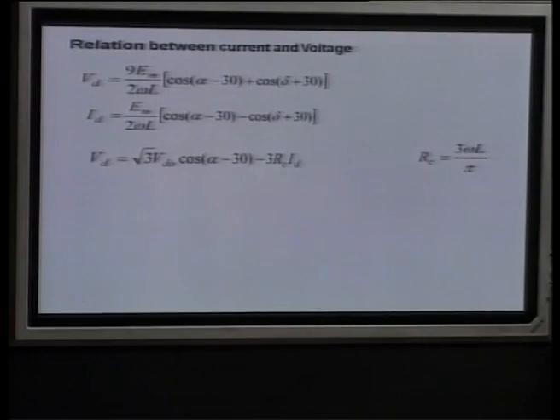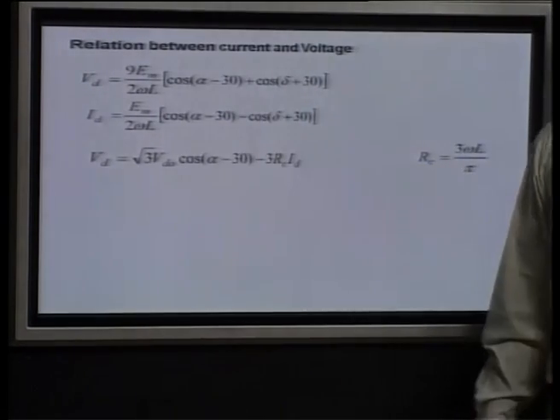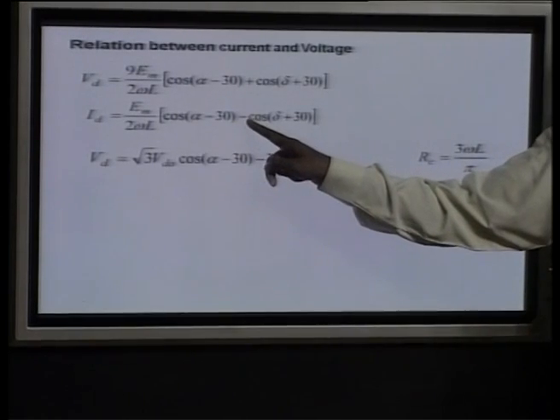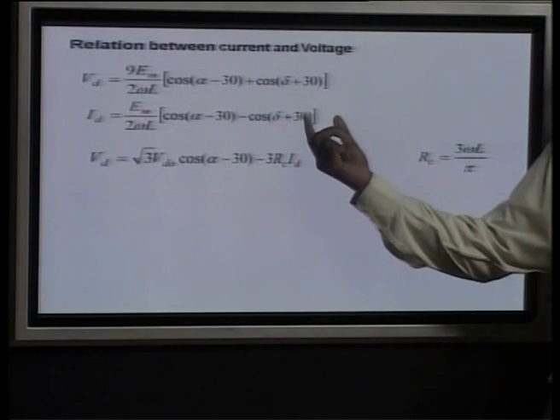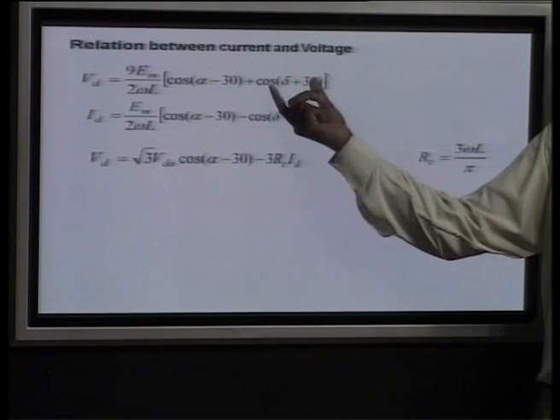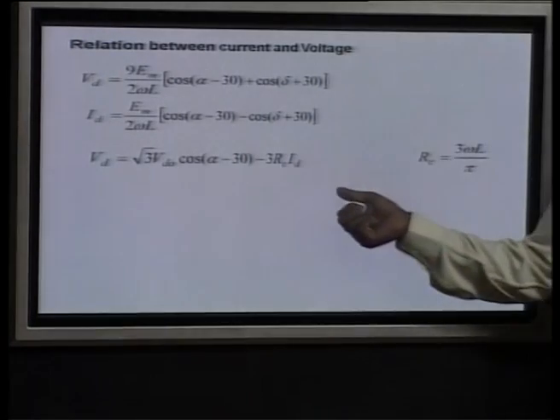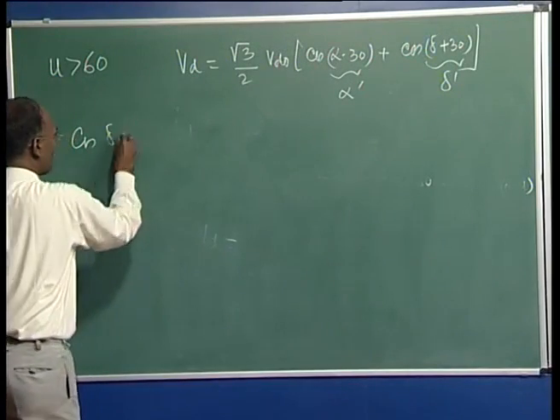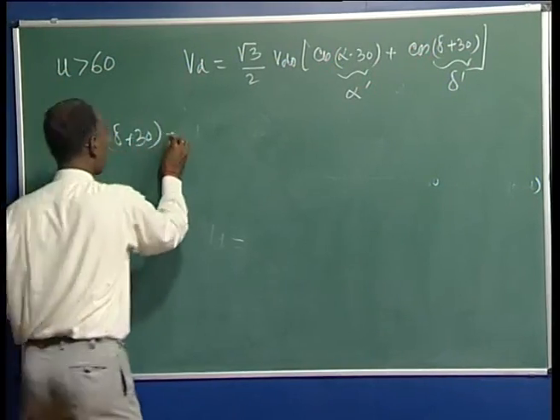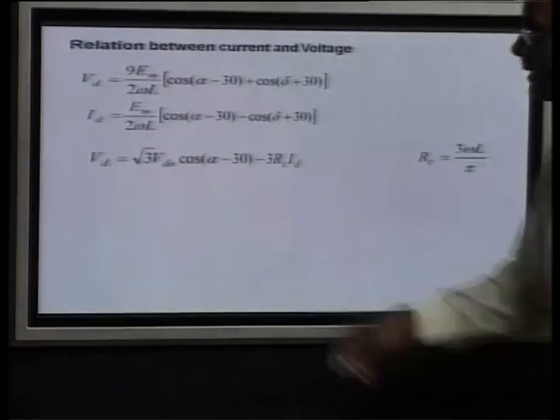It was this value. So from here and here you can see the inside terms are similar, only here the minus sign is coming. So from this expression we can take this cos delta plus 30 and put it here, so this will be eliminated. From the ID, I can write cos delta plus 30 is equal to this value, some constant IS3.